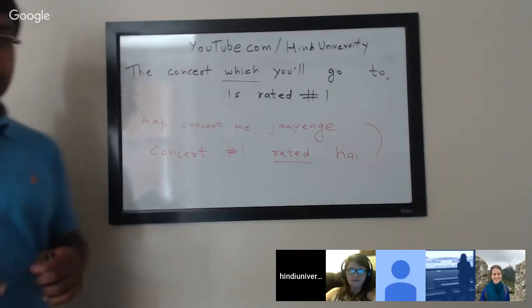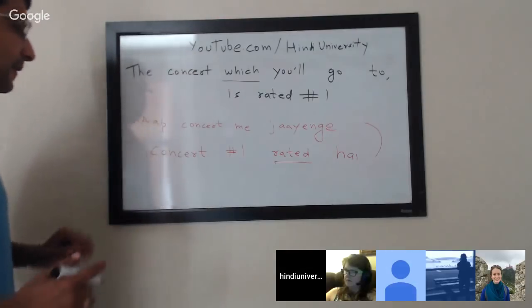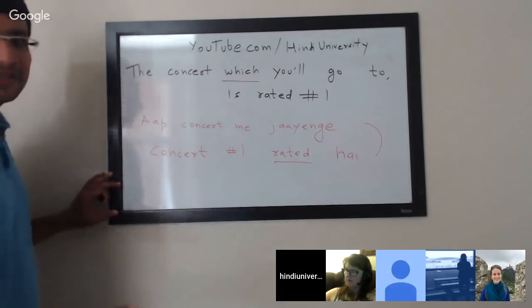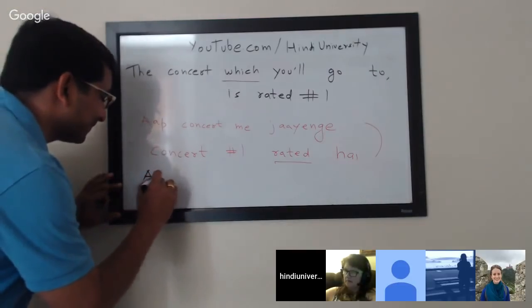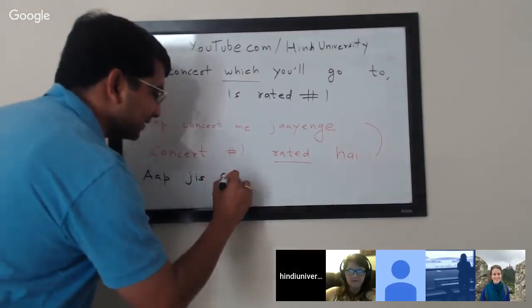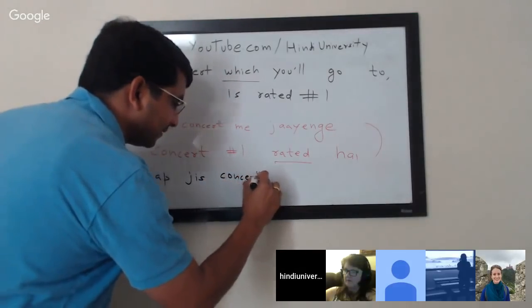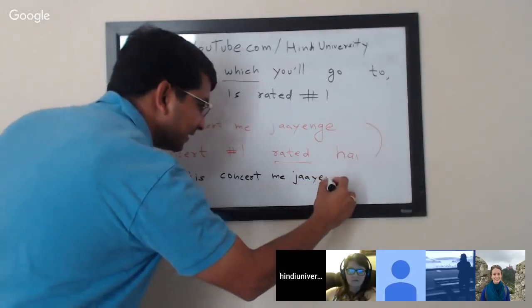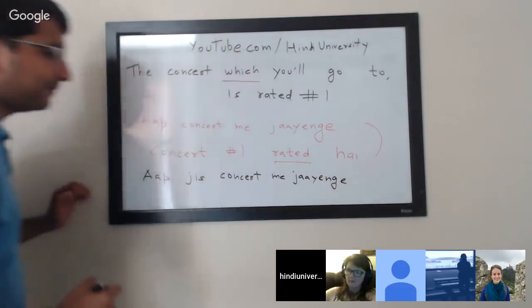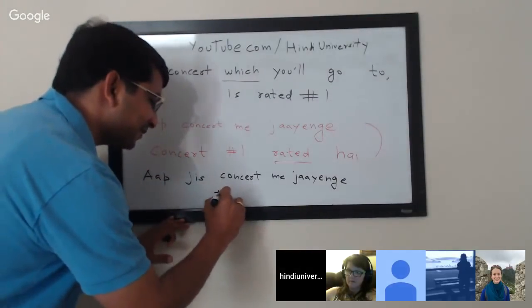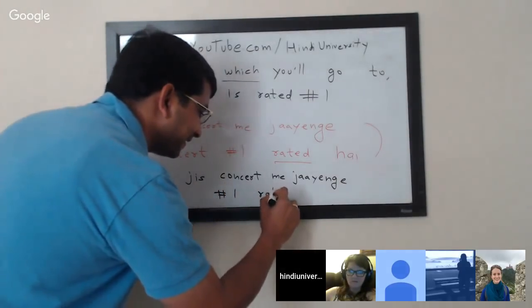It may not appear like that, but give it a try. I would guess just आप जिस concert में जाएंगे आप वो, and then number 1 rated है. Very good. Number one rated.